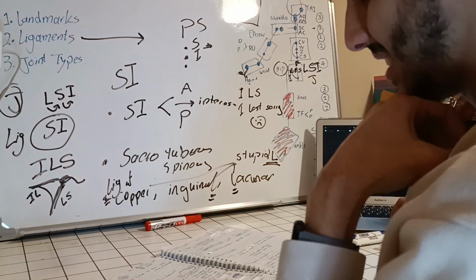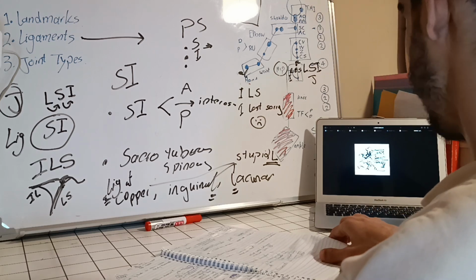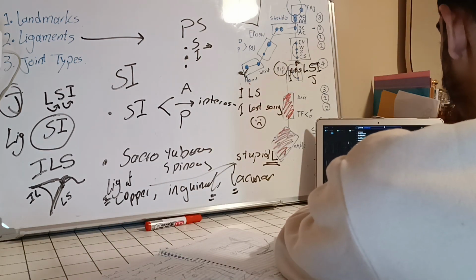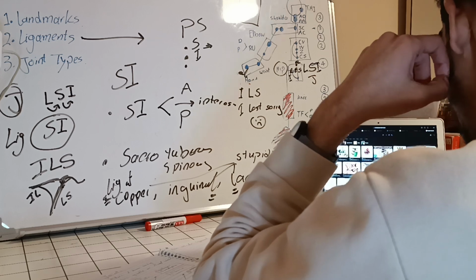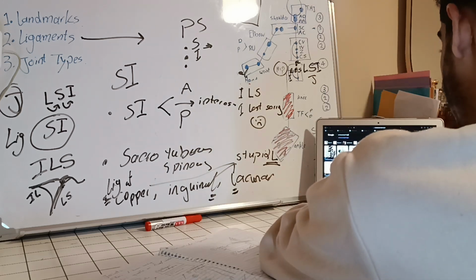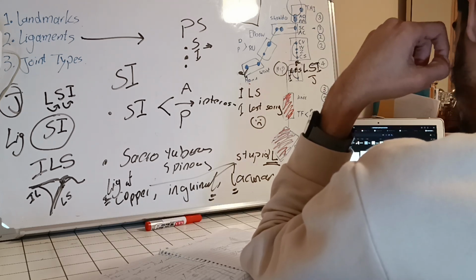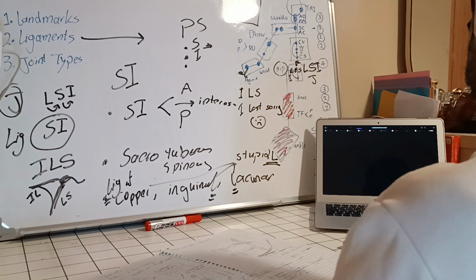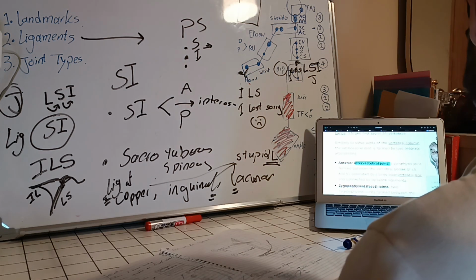So anteriorly, it's a symphysis, and posteriorly it's a plane joint. Anterior is the intervertebral disc, so it's a symphysis joint.